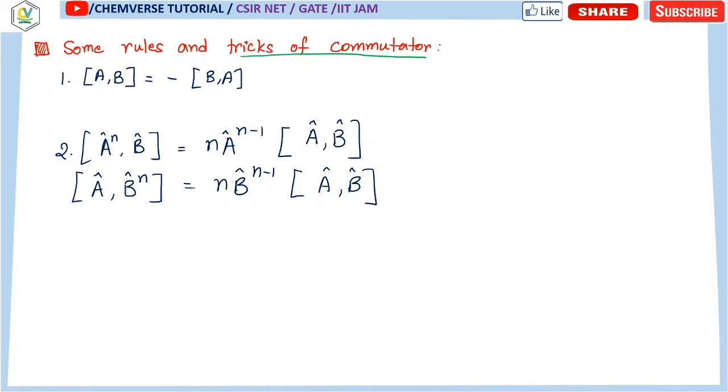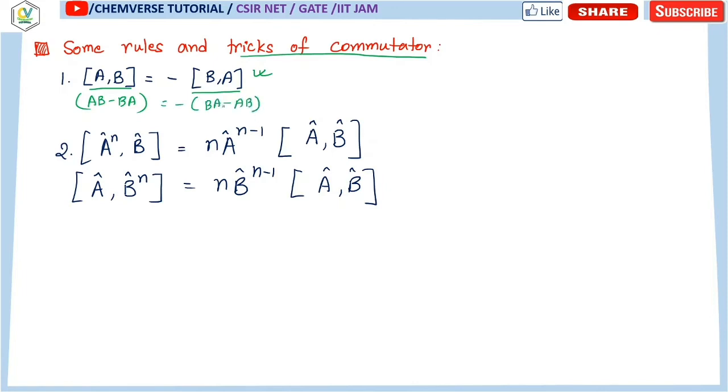Over here, what you can see is that the commutator [A, B] implies the minus of the commutator [B, A]. This is an extremely important expression. We will see the applications in the latter part of this lecture. How can we prove it? Now the commutator [A, B] means AB minus BA. If you take minus common, then it will be BA minus AB.